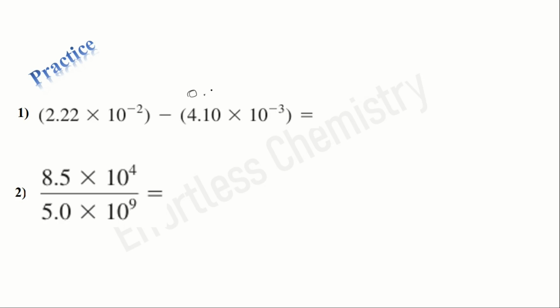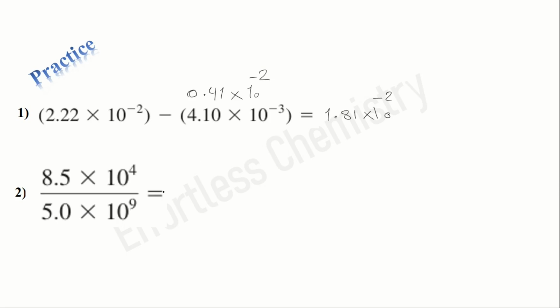So it's like that: 0.41 multiplied by 10 to the minus 2. Now we want to do the subtraction for these two numbers that have the same exponents. The final result is 1.81 multiplied by 10 to the minus 2.